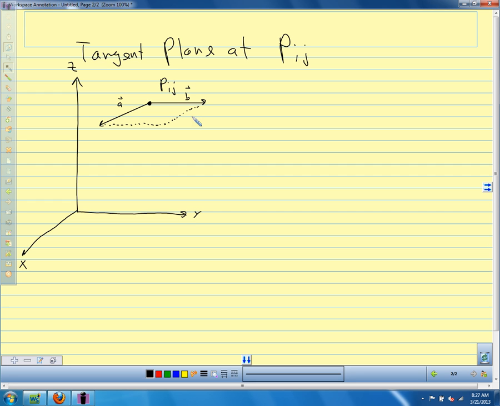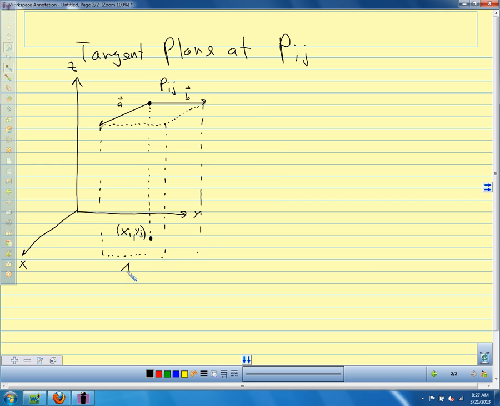And if I project P sub ij down into the xy plane, we get our point x sub i, y sub j. And the sides down in the xy plane, if I project this down, I get my little area elements in the xy plane.